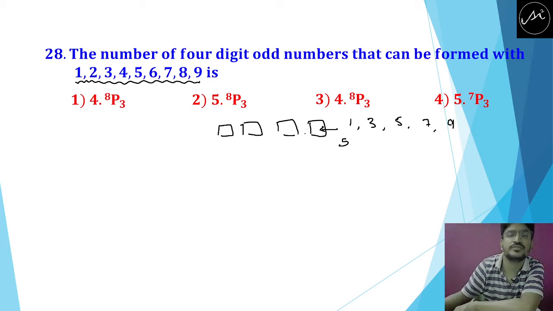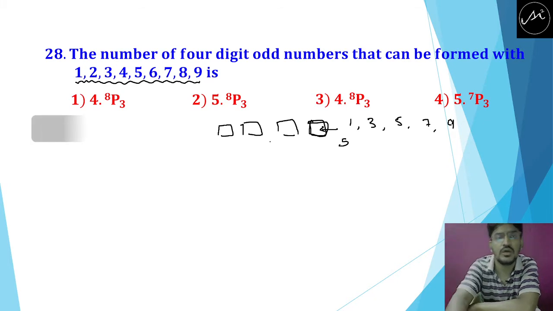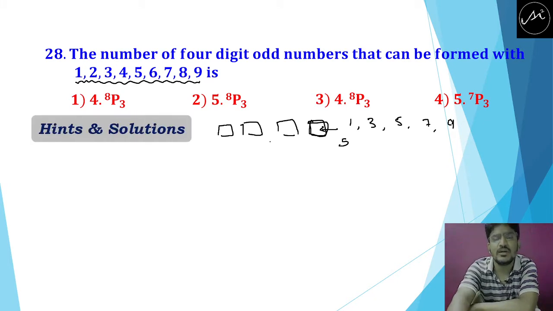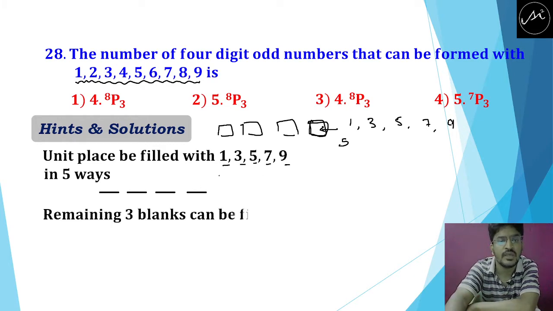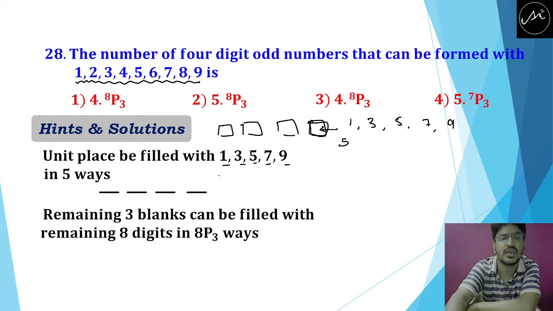This can be written in 5 choices, and for the remaining you have 8P3. So these 5 numbers, that is 1, 3, 5, 7, 9, can be written in the last place. The remaining 3 blanks can be filled in 8P3 ways.